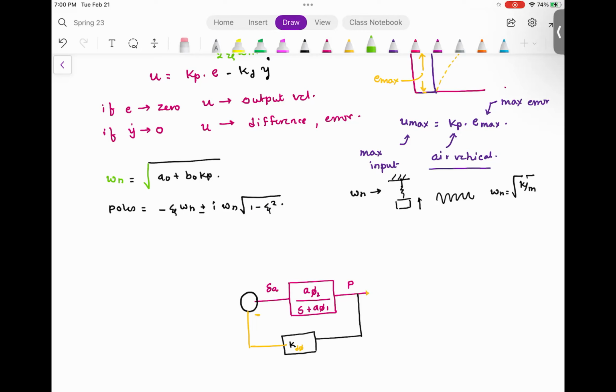If you don't know what P is, it is basically the roll rate. When I integrate the roll rate, 1 divided by S, I get the roll angle phi. This is the roll angle.